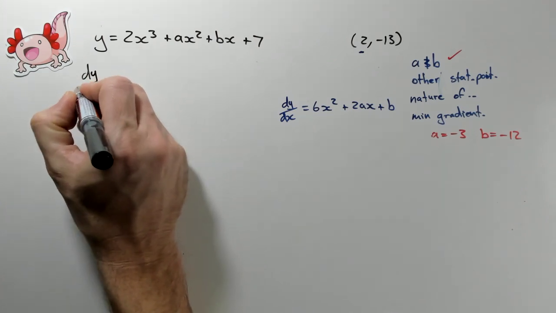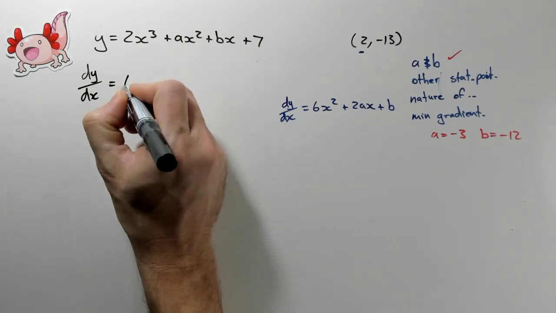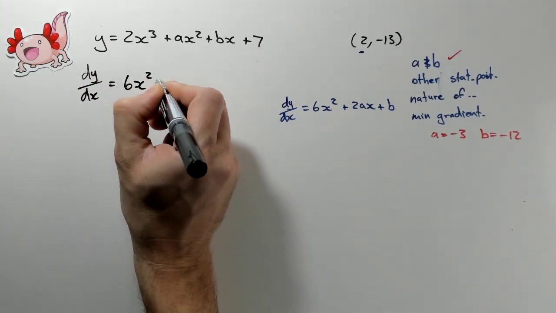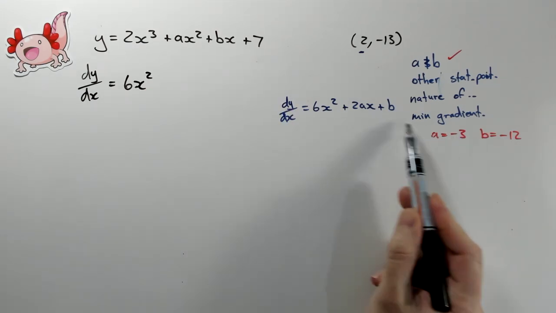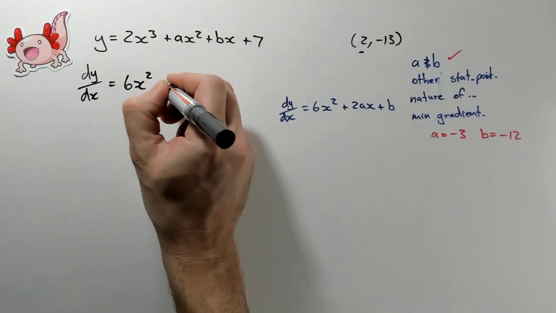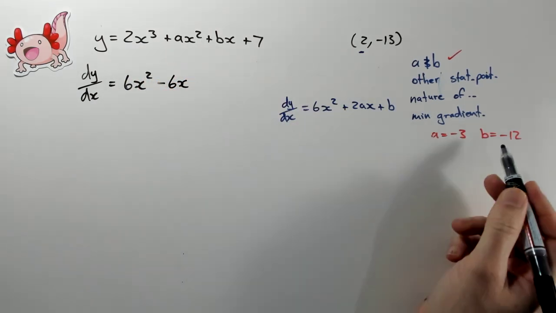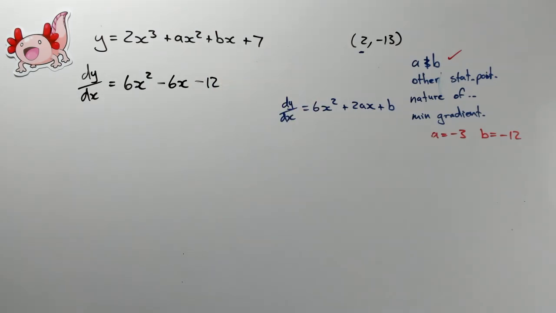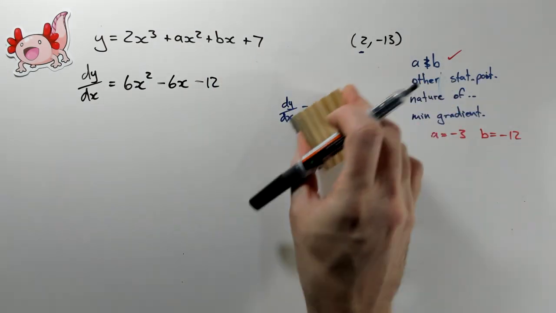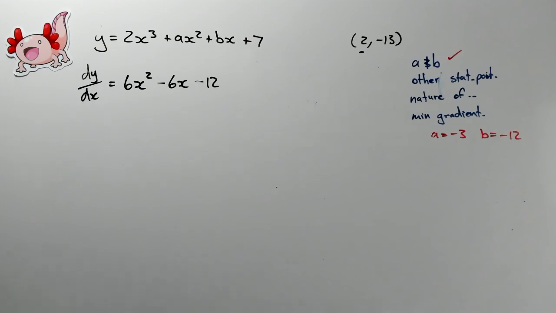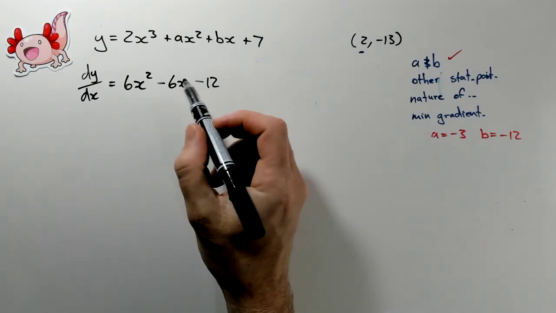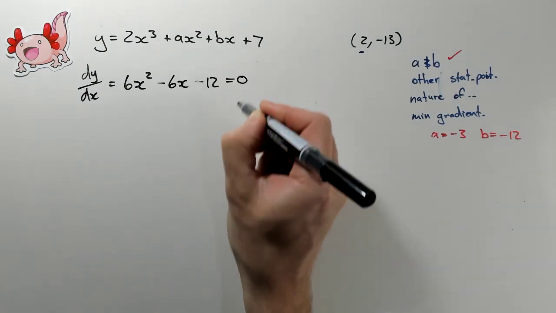So dy over dx is going to eventually be 6x squared minus 3 times 2 is -6x minus 12. Okay, cool. So we can take this away. So this is our function, and this is going to be equal to 0.